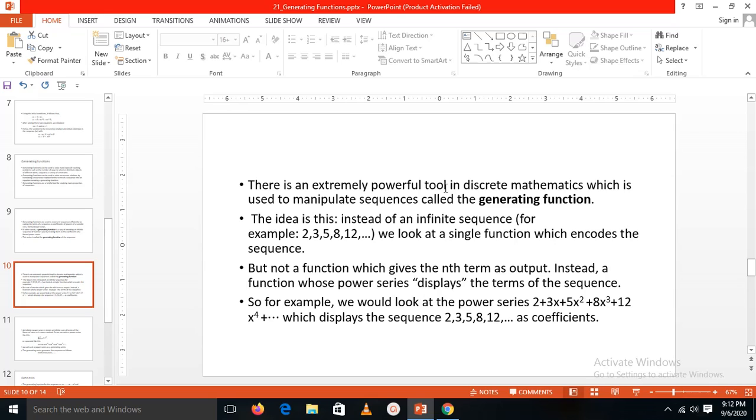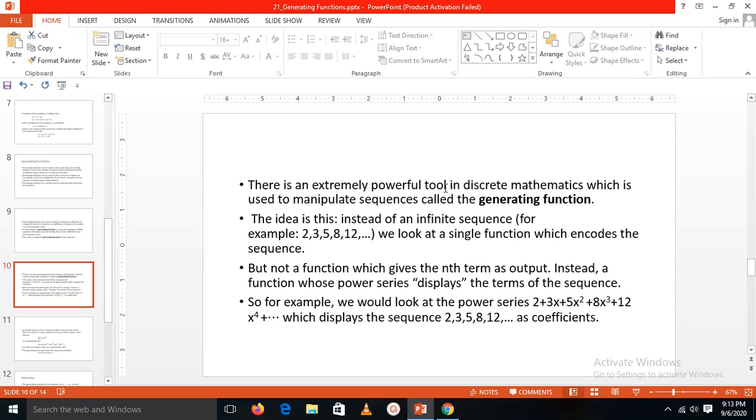There is an extremely powerful tool in the discrete mathematics which is used to manipulate the sequences, and this is nothing but the generating function. The idea is this: instead of an infinite sequence, for example, suppose there is an infinite sequence 2, 3, 5, 8, 12, and so on, we look at the single function which encodes the sequence, but not a function which gives the nth term as output.